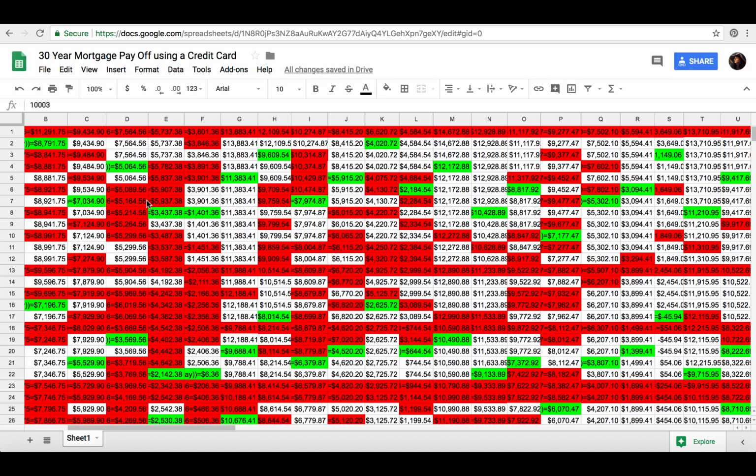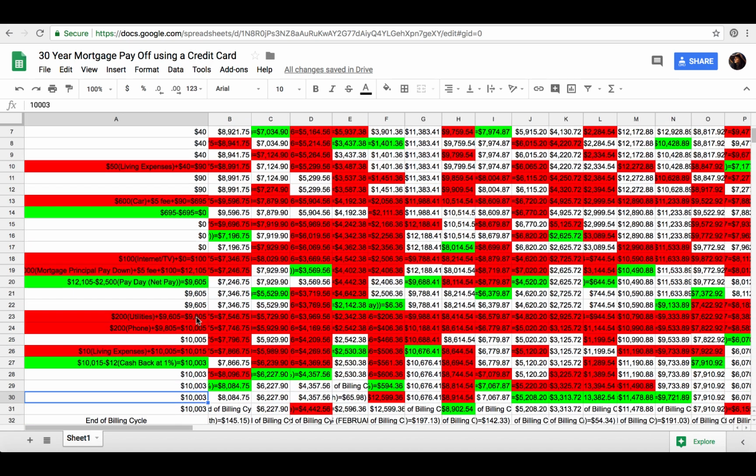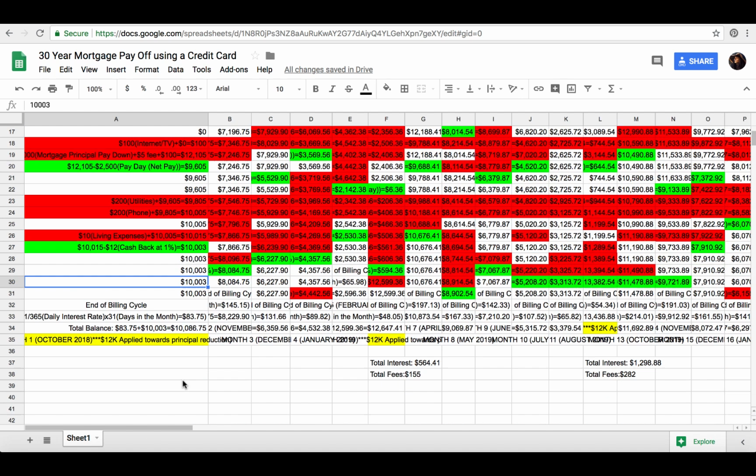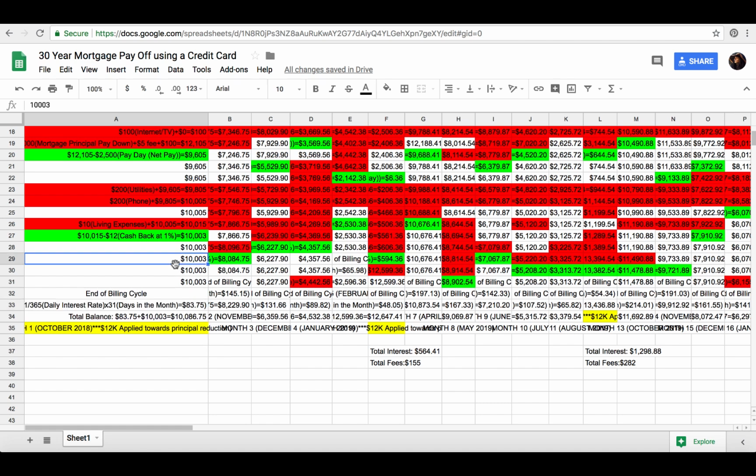So we're getting charged interest on $40 over here, $0 over here, $10,000 over here. So the way that they figure it out is they get the average daily balance by adding up all the different amounts for the total balance that was carried on each day and then dividing it by the number of days in the month, which is the equation down here. So that is the total interest that we paid for the first month.